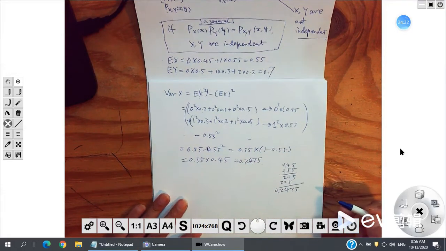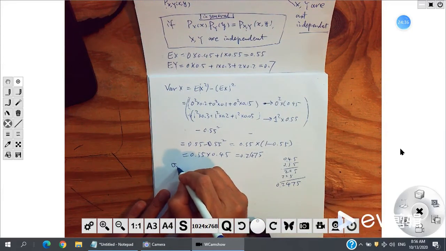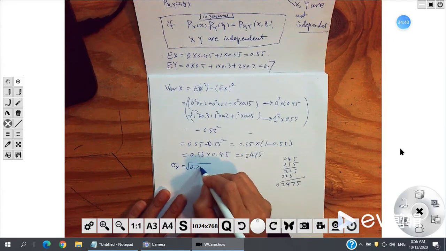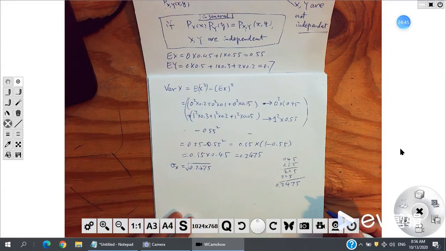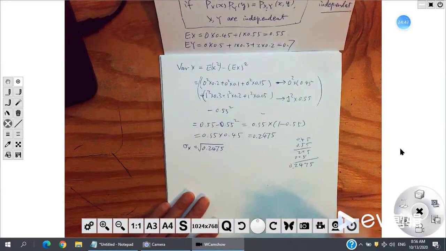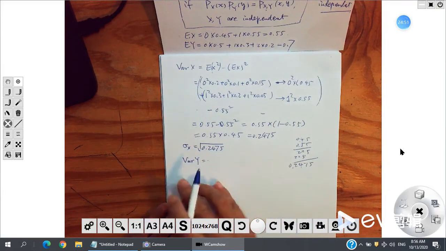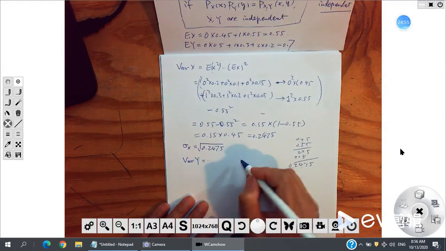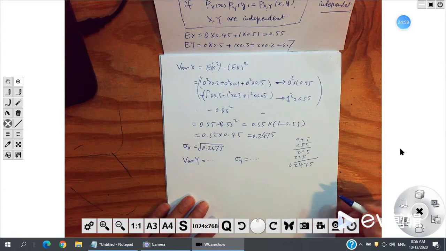So we have the variance of X. And if you want, you can also want this one, the square root of 0.2475. Something like that. And similarly, you can have the variance of Y equal to something. I don't calculate it here. If you are interested, you can finish it. And sigma Y, the standard deviation, equal to some value.